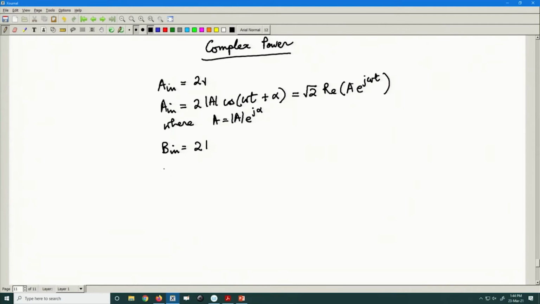So, we will start with the description of the two quantities in the instantaneous field quantities.